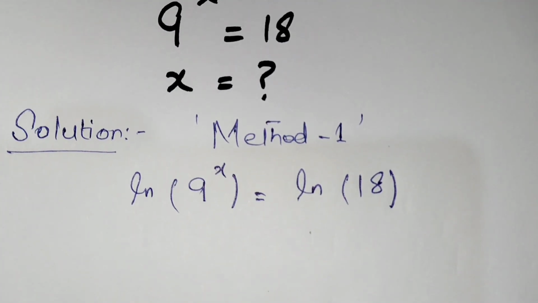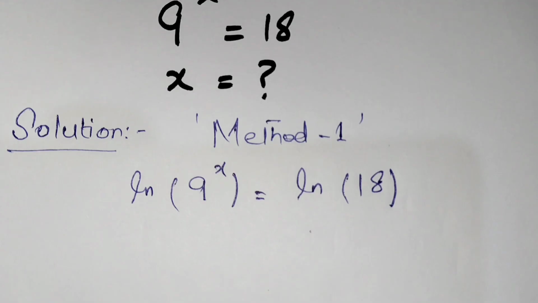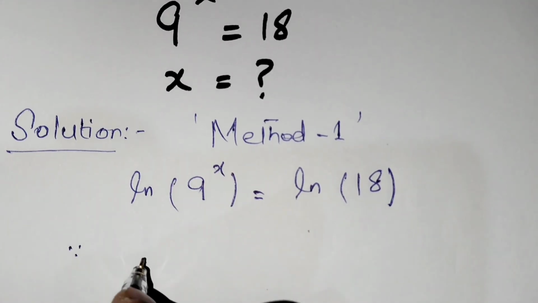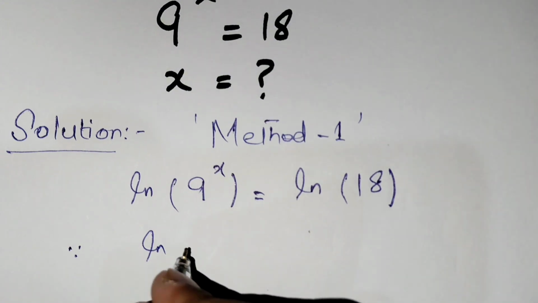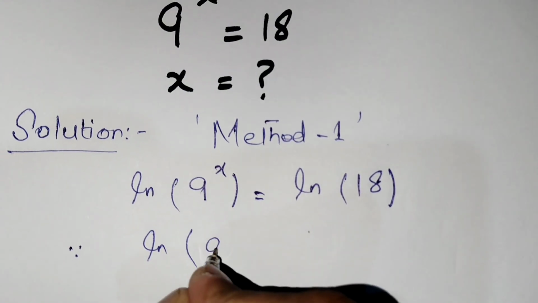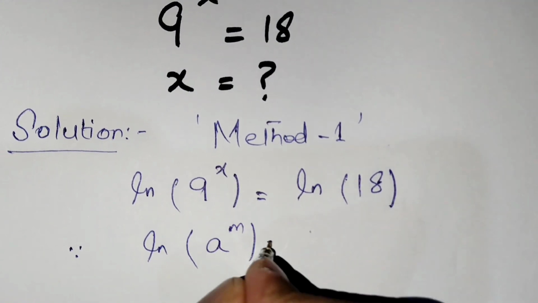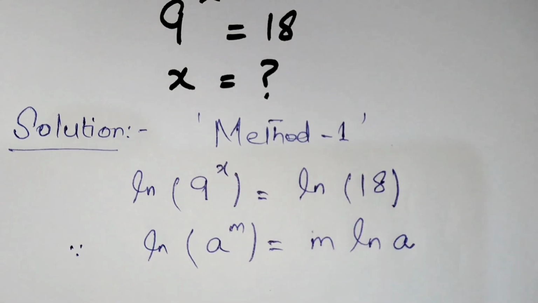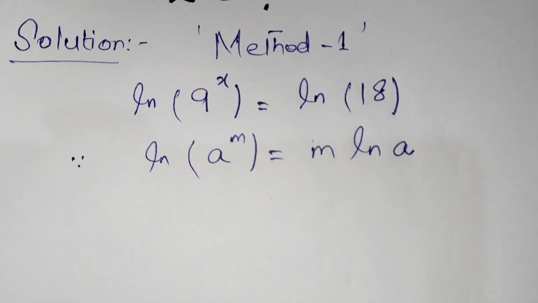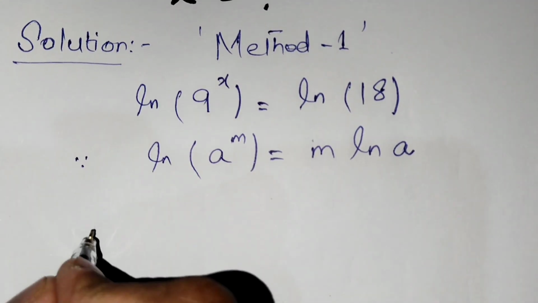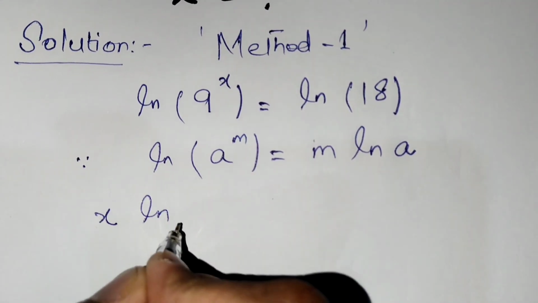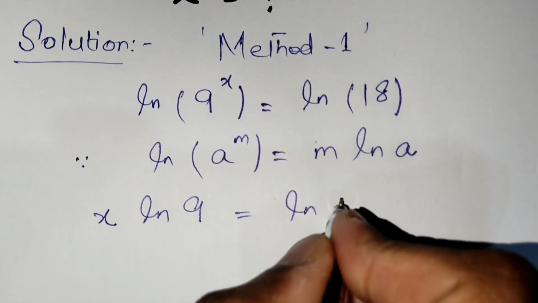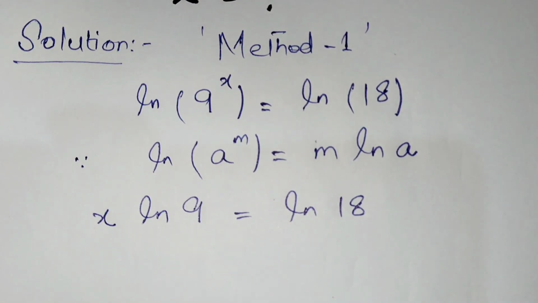Now we will use the logarithm power rule for the left hand side, that is ln of a power m is always equal to m times ln of a. So this equation now becomes x times ln of 9 is equal to ln of 18.